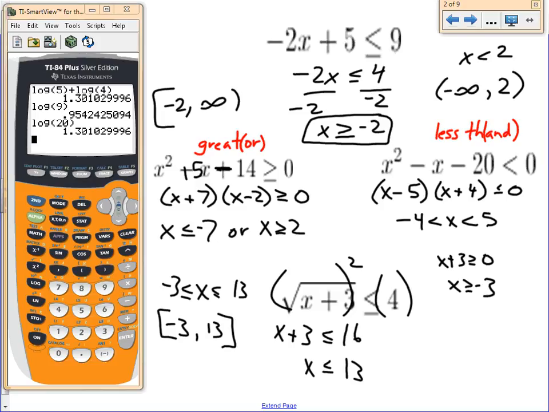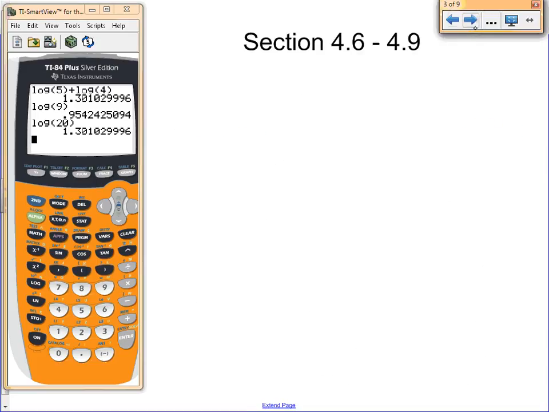Remember brackets? The brackets are for greater than or equal to, less than or equal to. This is greater than or less than. All of that information, guys, packed together is what we did in 4.6 through 4.9.